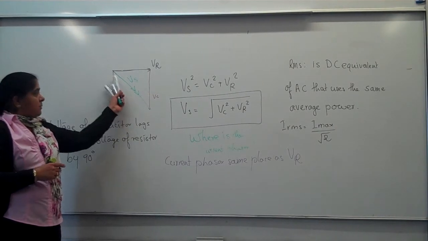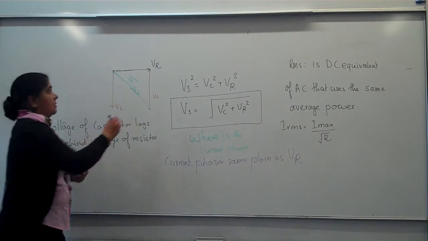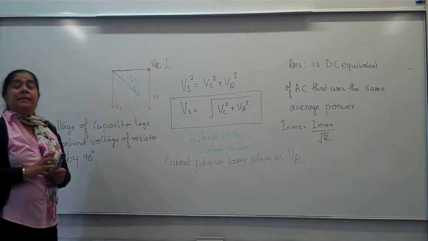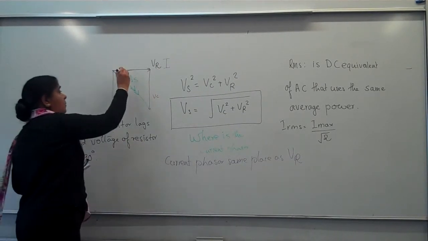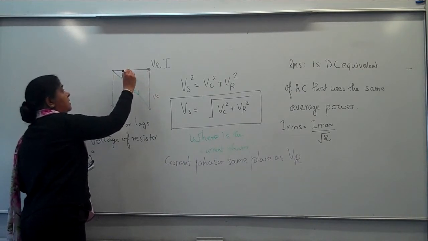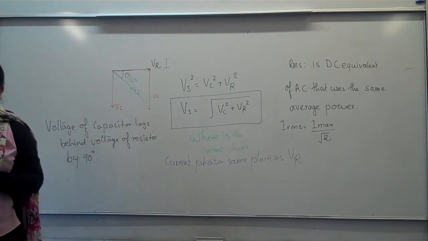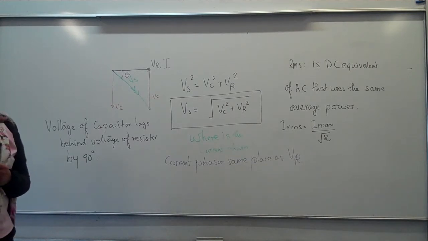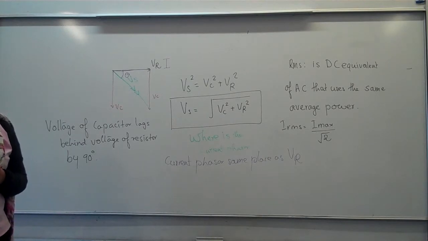With respect to the supply voltage, is the current phasor lagging or leading? Leading. By how much of an angle? Angle theta. Sometimes they ask you to work out the phase difference between the supply voltage and current. Quite a common question.